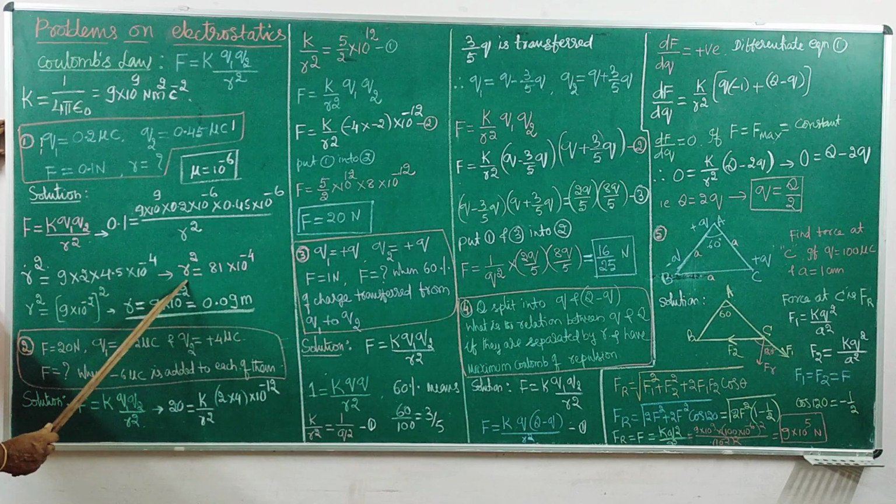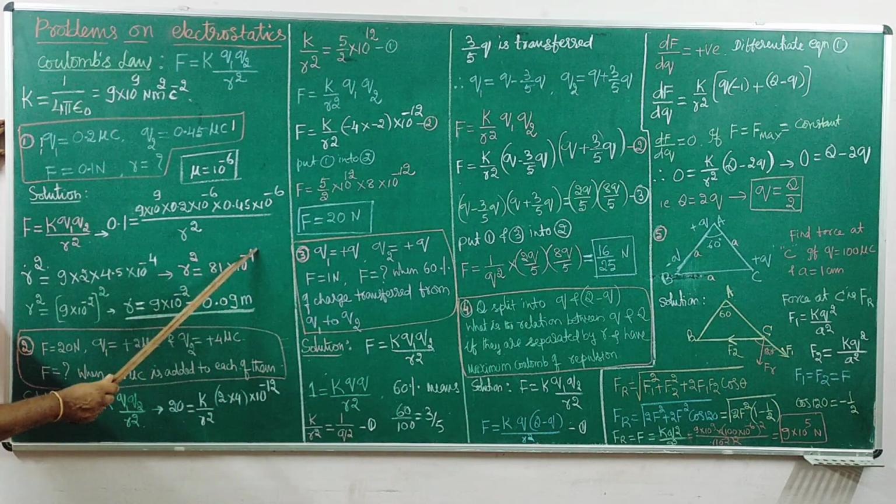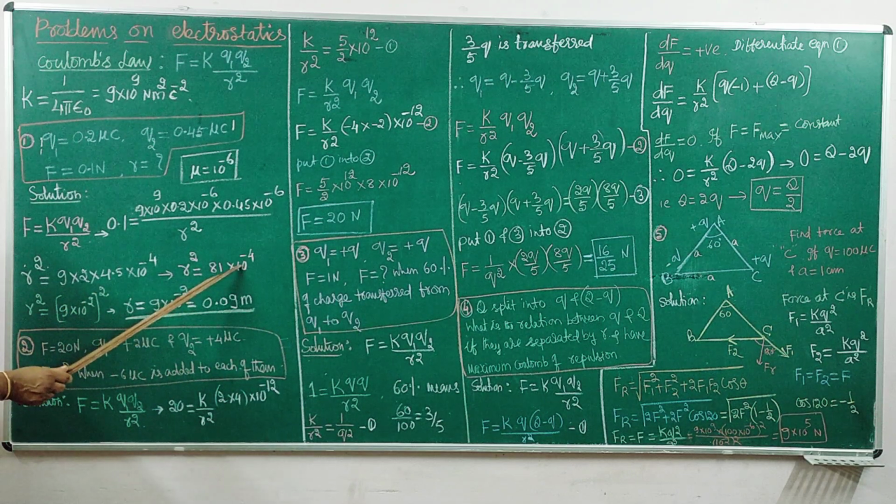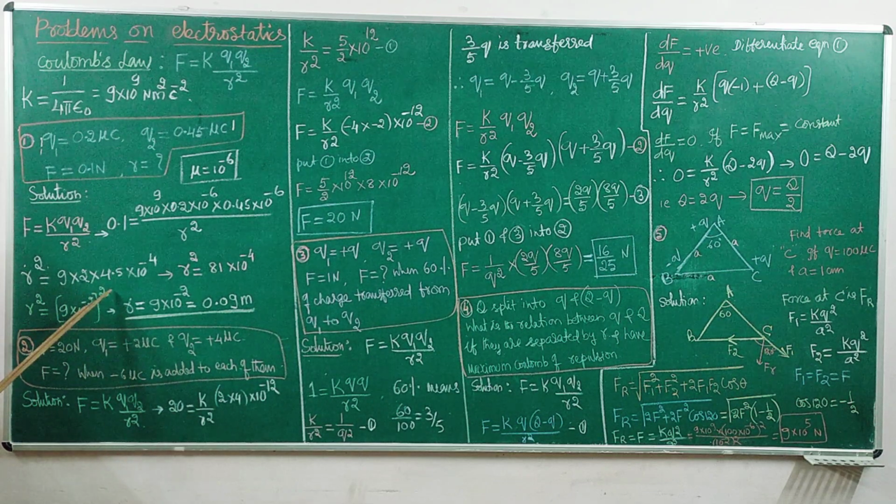I want R. You write it in the square form. That is, 81 means 9 square, and 10 to the power minus 4 means 10 to the power minus 2 whole square. So 9 into 10 to the power minus 2 whole square. Square cancels, R is equal to this.